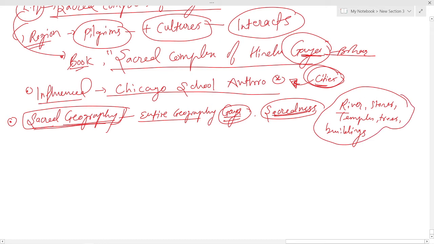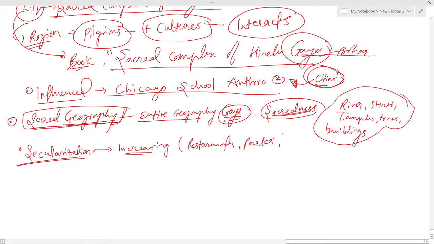But now this thing called secularization of the sacred geography is increasing. When this secularization of the sacred zone increases, restaurants, parks, food stalls, etc. come in. These will come under the secular geography.